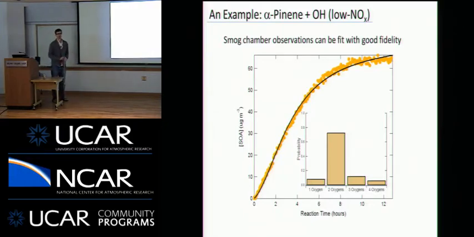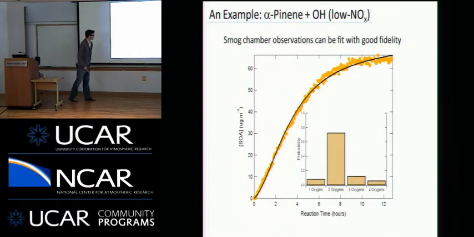However, maybe that shouldn't be too surprising, because there's a reason the 1 and 2 product model has been used for so long: it's actually pretty successful at fitting data. But my contention is that we're retaining more of the inherent chemistry in the system, and so hopefully we're able to extrapolate outside of a chamber with greater accuracy or greater fidelity.